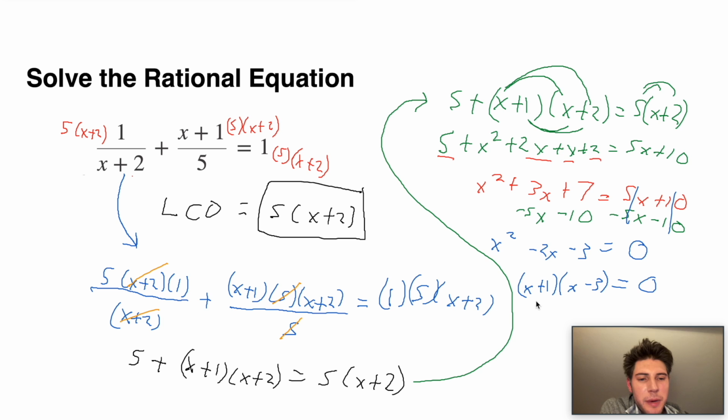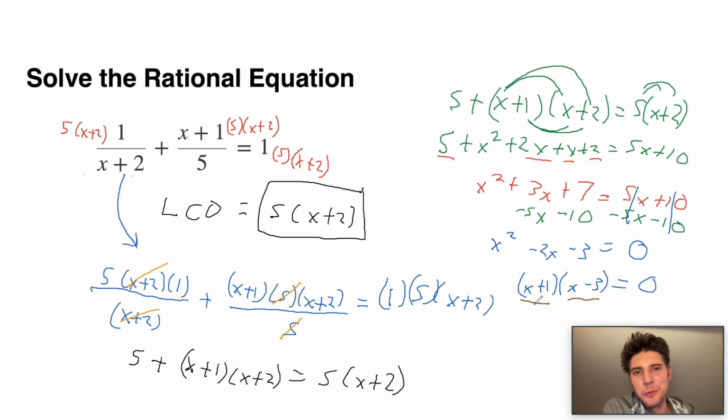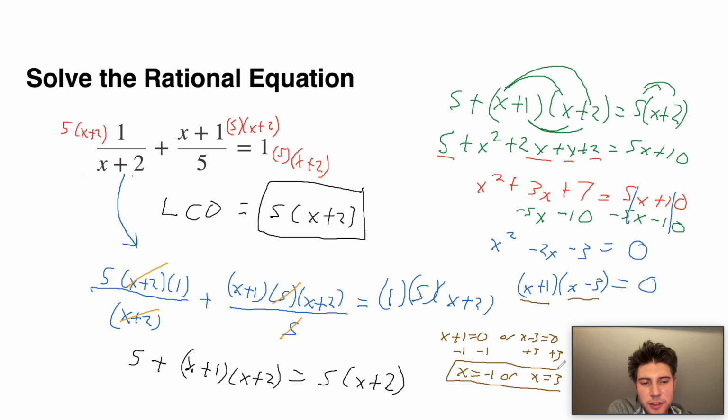Now at this point, we're basically done. We have two factors being multiplied by each other to set equal to 0. So that means either x plus 1 equals 0 or x minus 3 equals 0. And if we solve for each of these, subtract 1, add 3, we get x equals negative 1 or x equals 3. And that is the answer to the question.